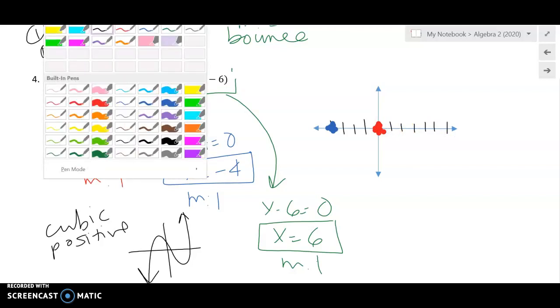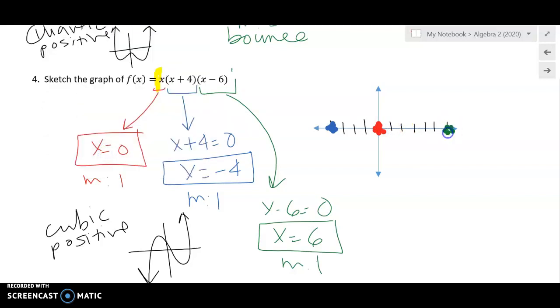That's going to get a giant green dot. And there's my solutions. Okay, let's make this graph happen. There are no bounces, so I pass through every single point, and I keep that same type of cubic shape. And that's how you make those graphs.